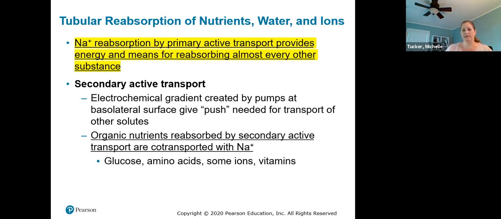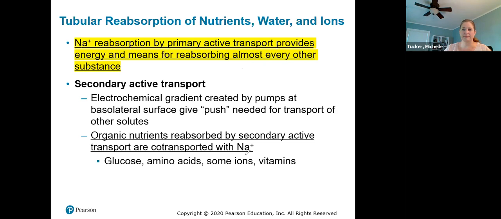The other thing that happens is chloride is attracted and will be transported as well. And where sodium goes, water follows, because of osmosis.